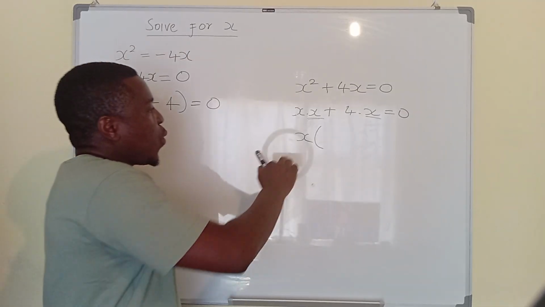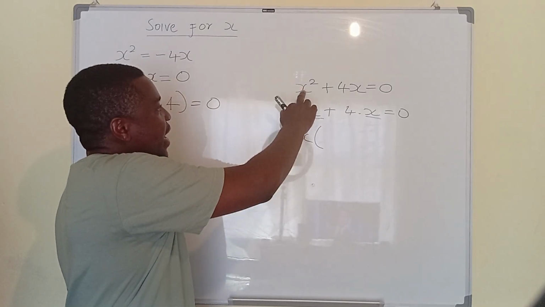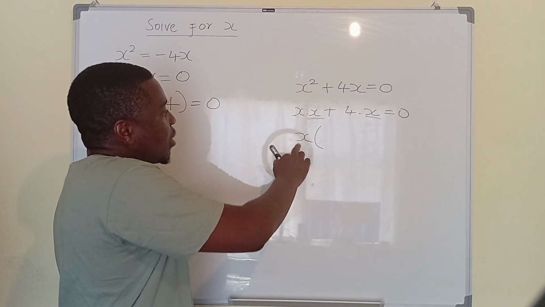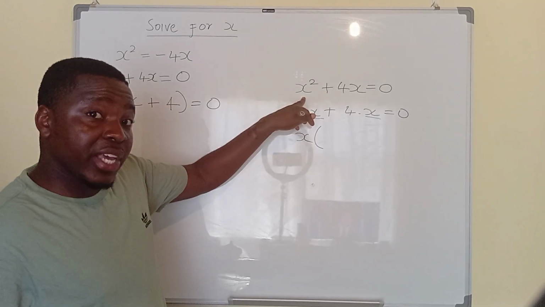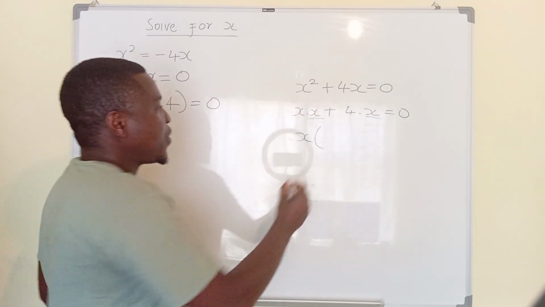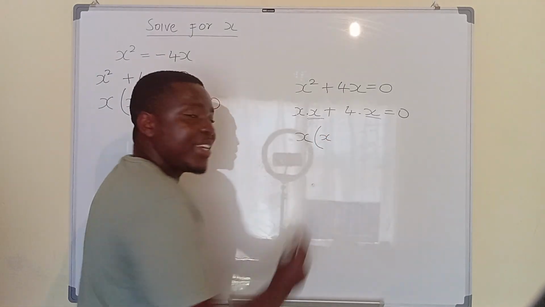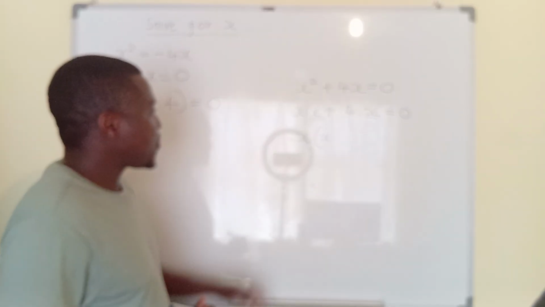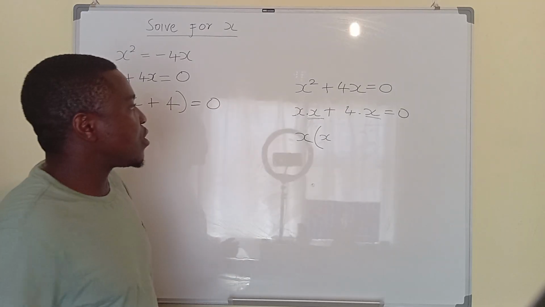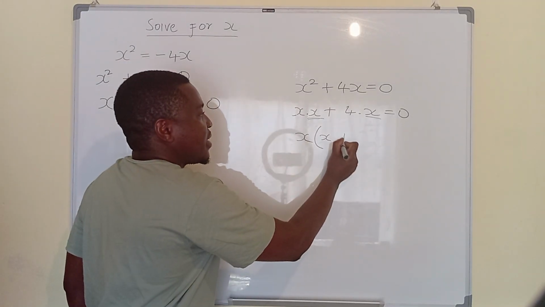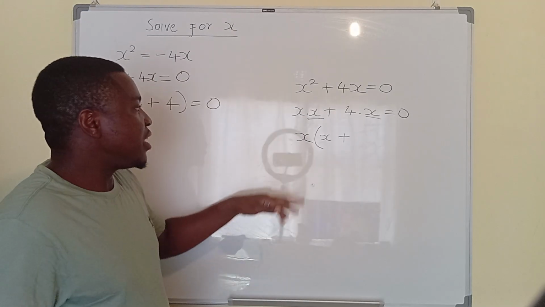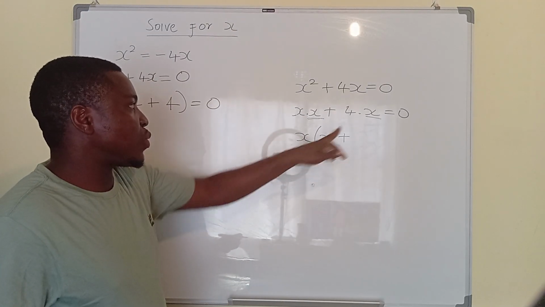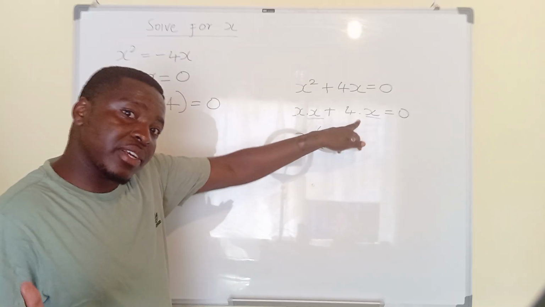And then what is the value that we can multiply by x to get x squared? So the value is what? It's x. So you see, the question is solvable. Our sign here is positive. What is the value that we need if we multiply it by x so that we get 4x?